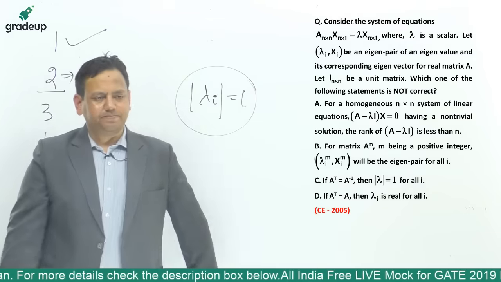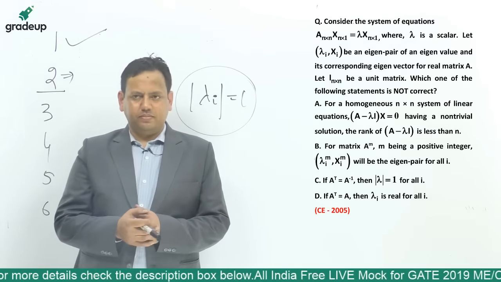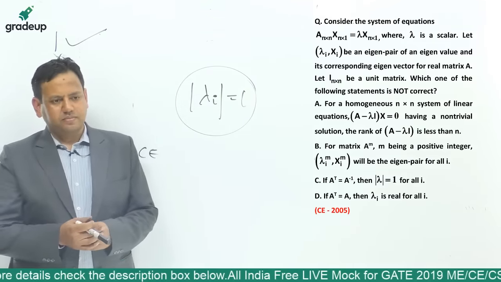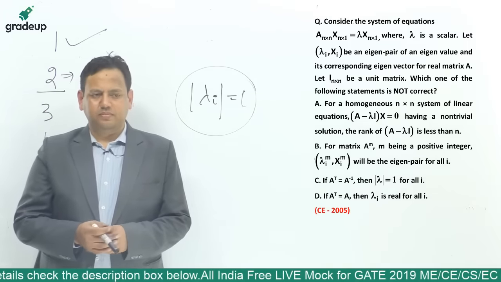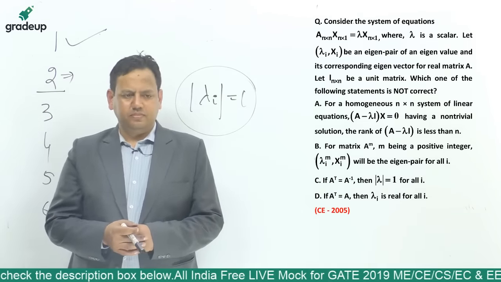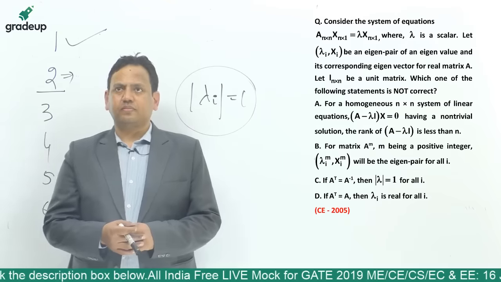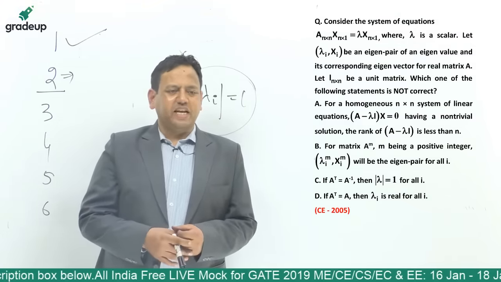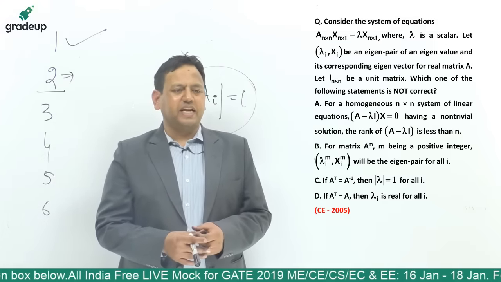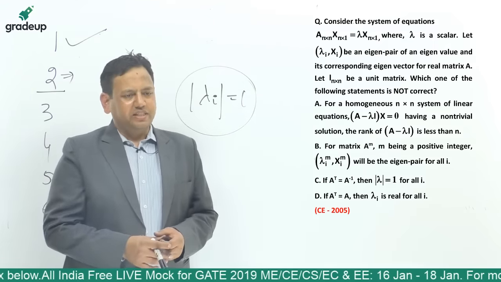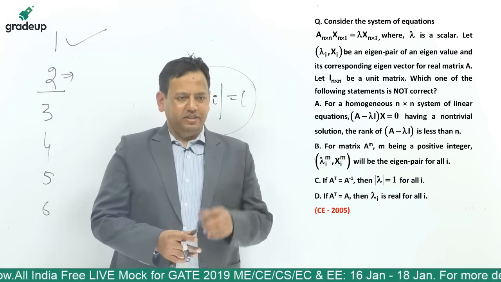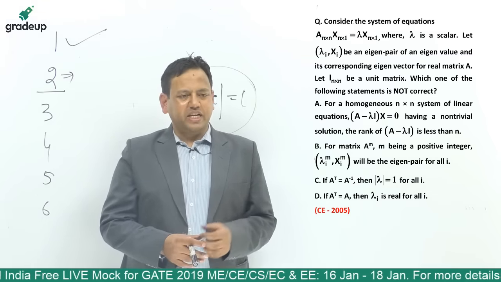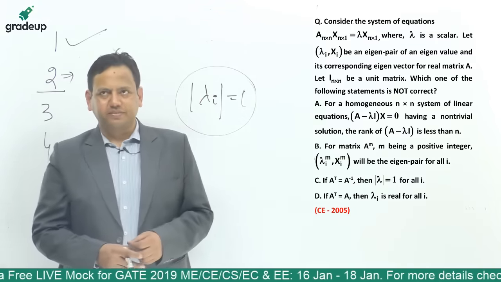A, B, C, D. They are saying AX is equal to lambda X, where lambda is the eigenvalue, a scalar value, and lambda I, xi is the eigenvalue, eigenvector pair. They are saying In is the identity matrix. Now what they are saying, which is the not correct answer?